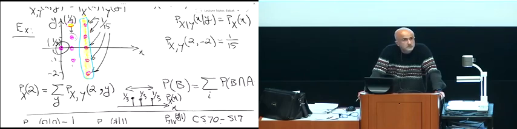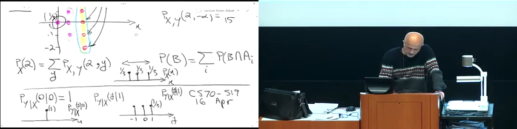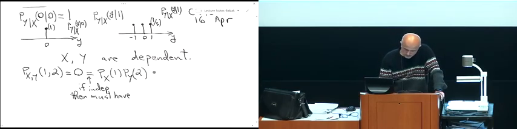Everybody. 1/3. What's the probability that y is equal to 2? 1/15. Neither of them is 0. I can't multiply 1/3 and 1/15 and get a 0. That means this equality does not hold. This is 1/3 times 1/15. Clearly not the case.